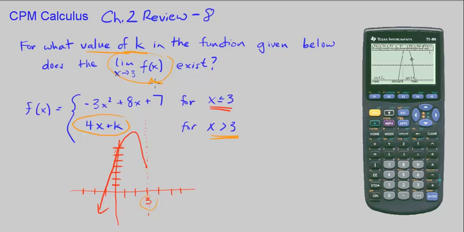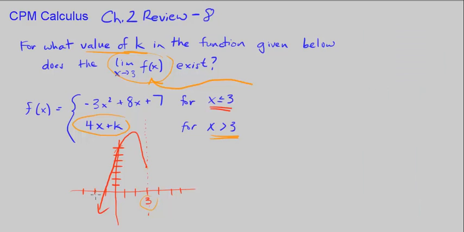First of all, we need to examine what this means. For the limit to exist, the left and the right-hand limits have to be the same. So the limit as x approaches 3 from the right has to equal the limit as x approaches 3 from the left. If this is the same value, then the limit exists. So this is for the value of k.